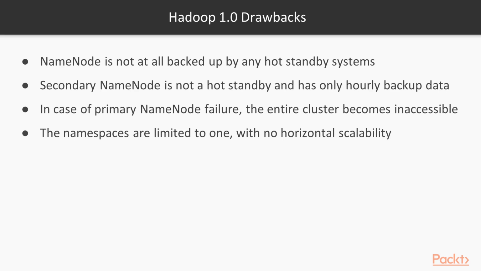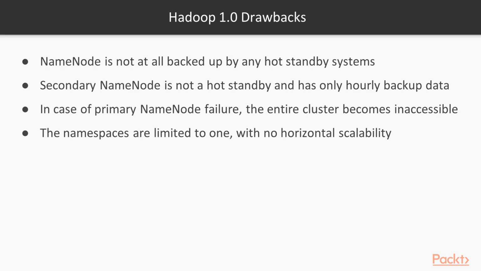So secondary NameNode doesn't have a chance to pick up any of the information from there, and that's where the problem arises. NameNode needs to be backed up every time, and that means we need a hot standby system which can pick up the data and keep working every second, so that there is no information loss.